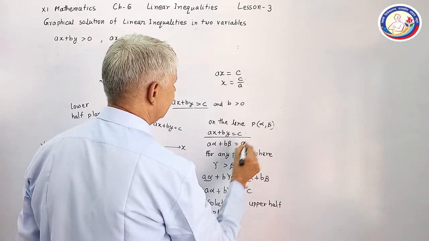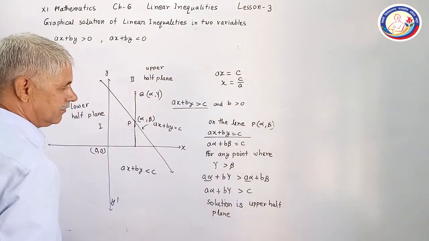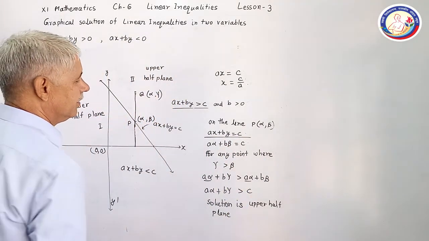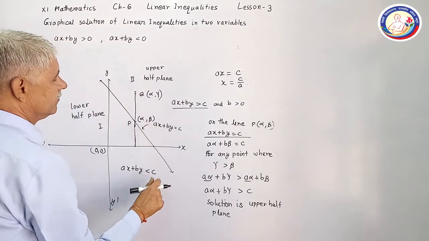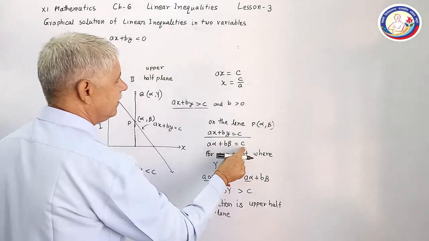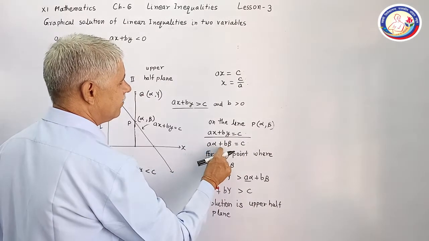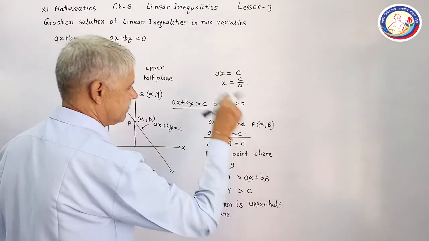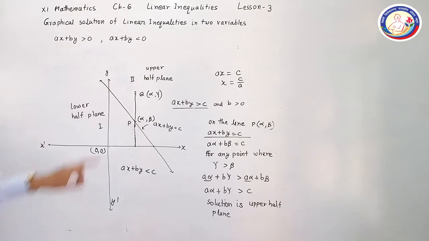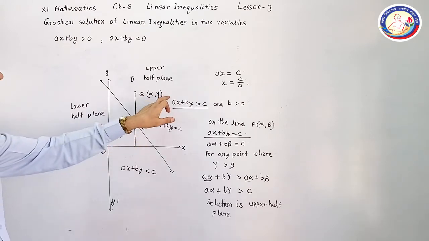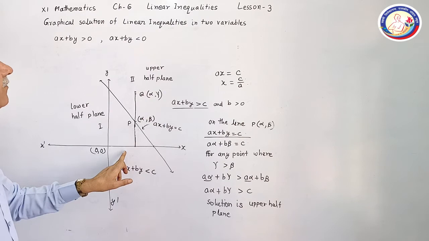This is the equation ax plus by equal to c, and (alpha, beta) is a point P on the line. Then it will satisfy the condition a alpha plus b beta equal to c.